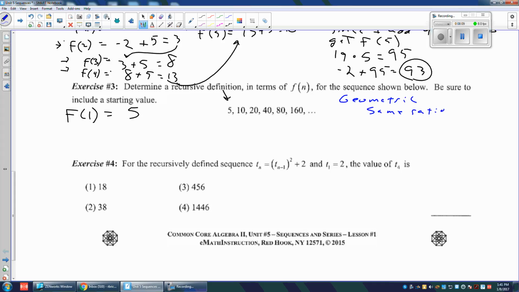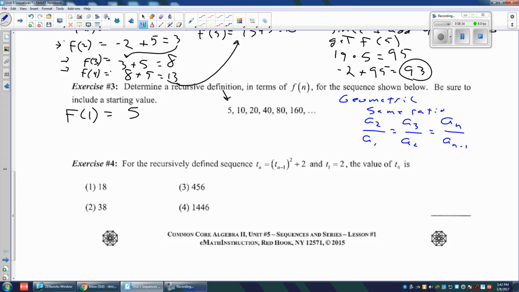That means if we take a sub 2 and divide it by a sub 1, that has to equal the same thing as the third term divided by the second term. Or another way to say it generically is the nth term divided by the one just before it.